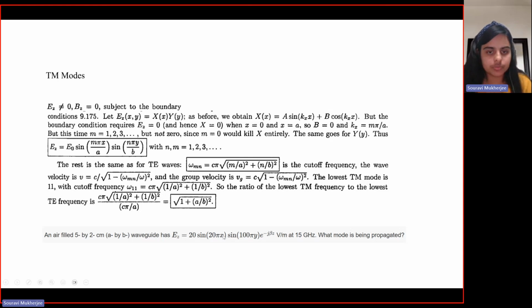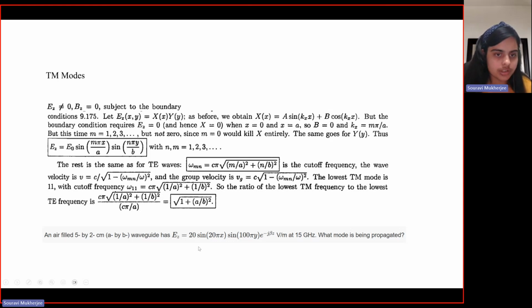Here, this is the Ez component, and you can see it involves sine terms, a product of sine. And you know what is your a and what is your b, right? a is 5, b is 2. Now if you compare this expression with the expression that you have here, you can find what is m and what is n. That is what you are being asked to find.